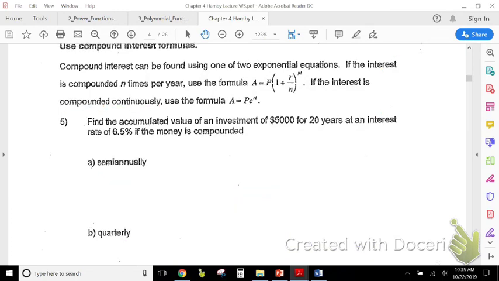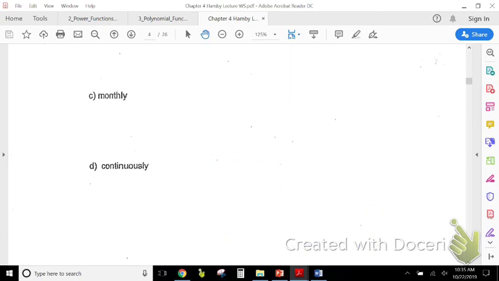C says monthly. There's 12 months in a year, so our N is now going to be 12. So the same thing, just change your N to 12.